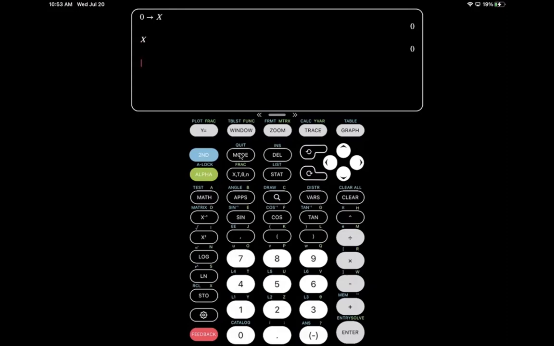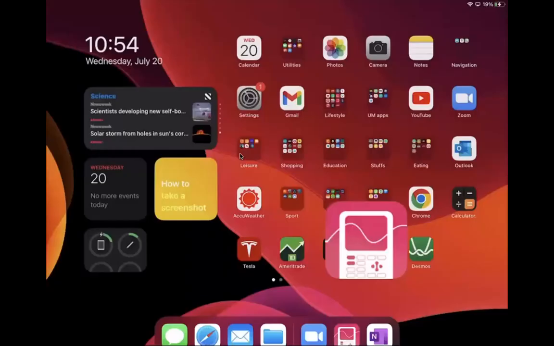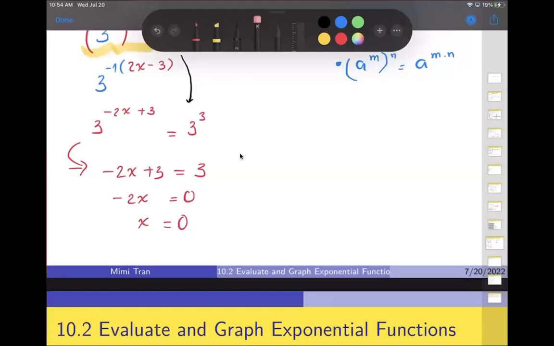So now, parenthesis 1 divided by 3, close parenthesis, to the power of 2 times x minus 3. It equals 27 when you store 0 at x. So that means your problem is solved correctly.